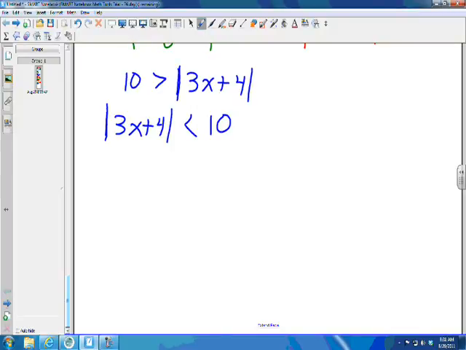So now we have absolute value less than. What does that mean? Glance back up there. Conjunction? We're all sure. Okay, good. That's what I want. So if we are sure that's a conjunction, what do you think goes in the middle? But it's not just an x this time.